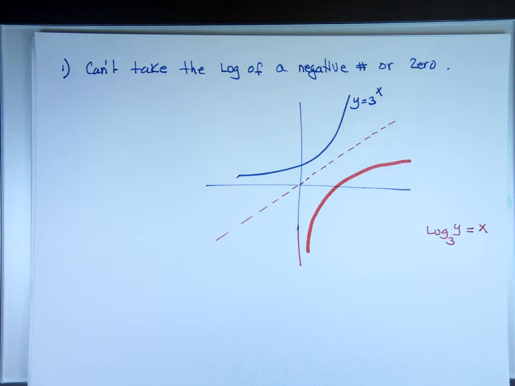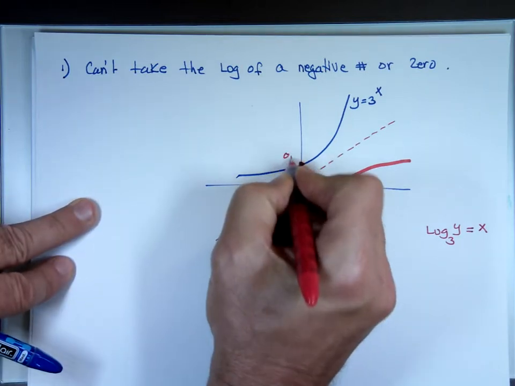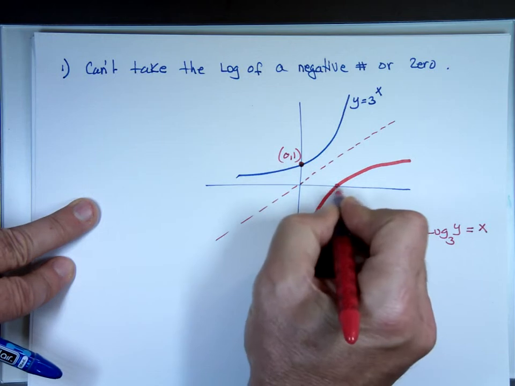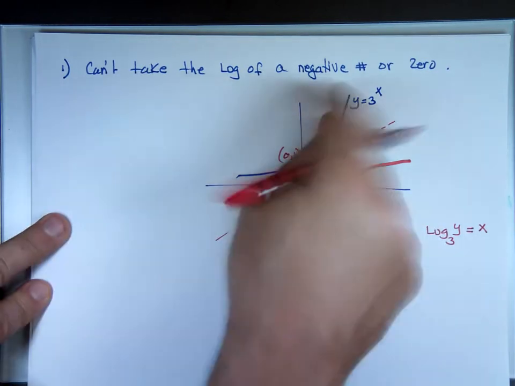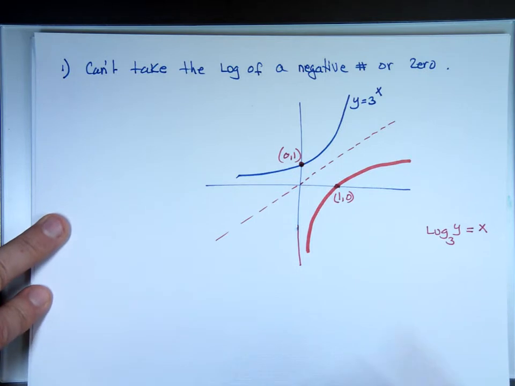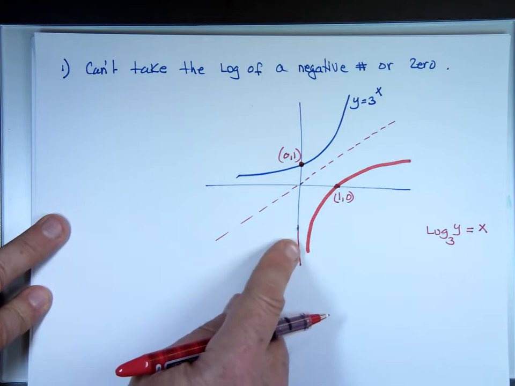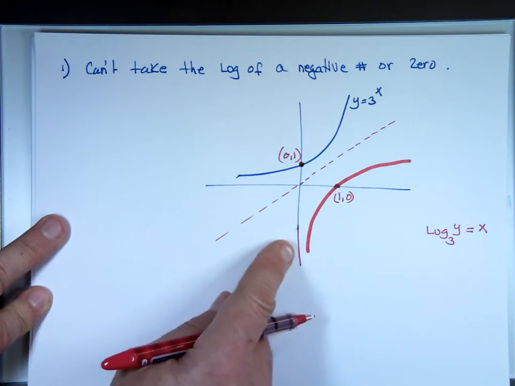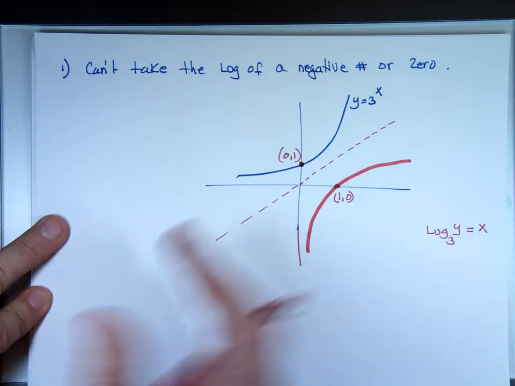So guess what? This point is what? 0, 1? Guess what this point is? 1, 0. Oh, I wrote on the nice clean sheet of paper. Yes, you did. You can't take the log of a negative number. Look at your domain. The domain is always what? x is greater than 0. There's no value to the left of that.